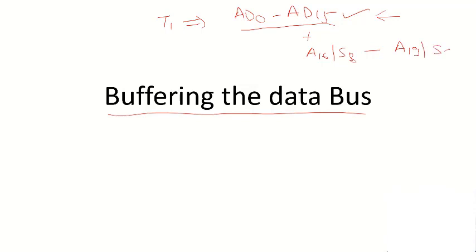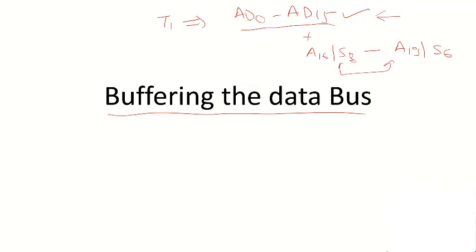Initially in the T1 state, the 16-bit address is carried by AD0 to AD15, that is the multiplexed address data bus, and the remaining 4-bit address is carried by the multiplexed address status lines, A19 to S6.